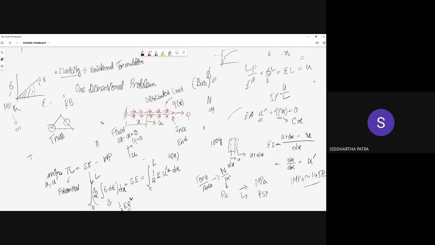Now, how much is the work potential? Work potential is how much work you could have done.